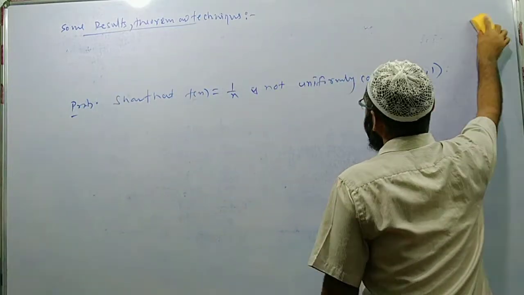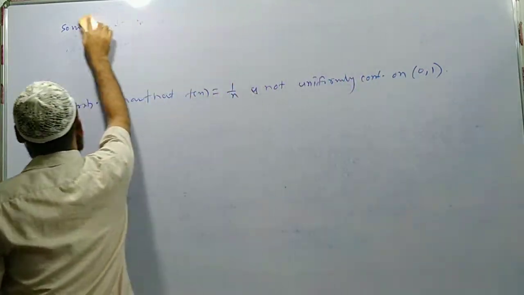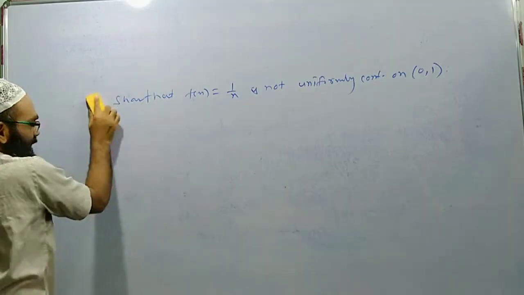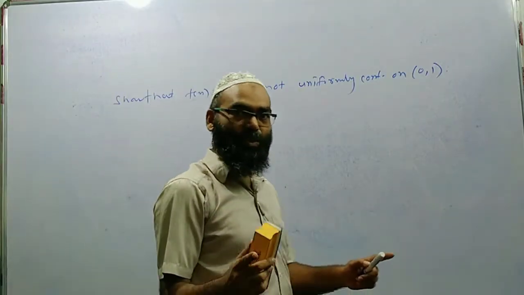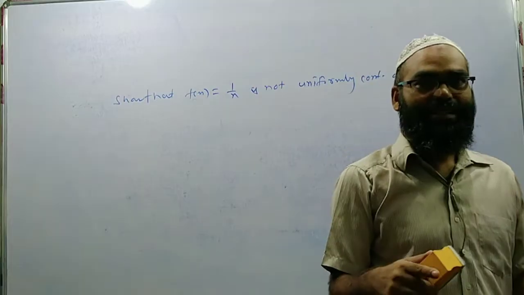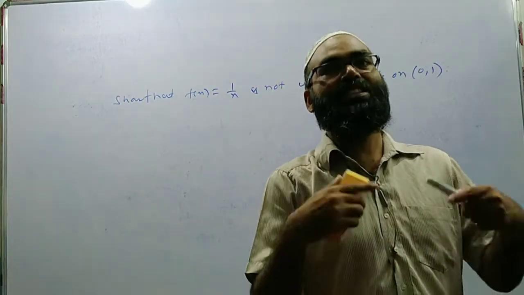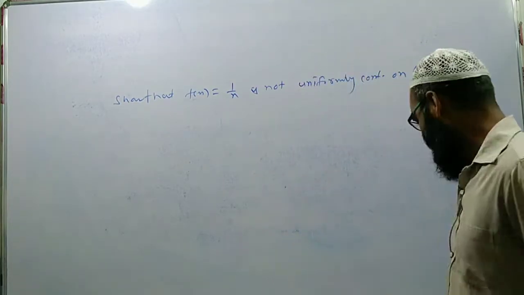Applying the sequential approach, we first find a sequence which is a Cauchy sequence, but whose functional value sequence is not a Cauchy sequence.